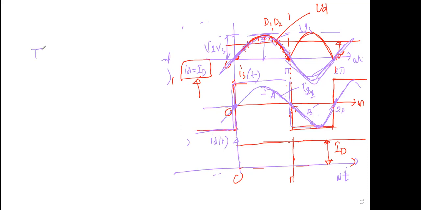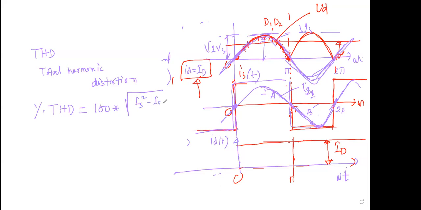So there is a factor, they call it total harmonic distortion. It is a very famous factor. Usually that is expressed in percentage. So total harmonic distortion, the formula is 100 multiplied by the square root of IS square minus IS1 square, divided by IS1.